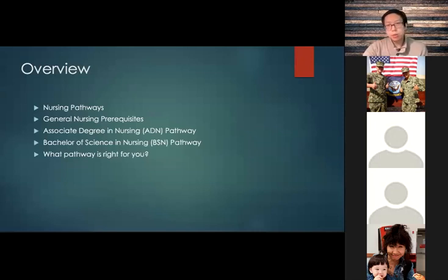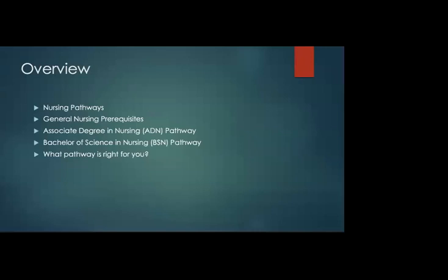So an overview of what we're going to talk about today. We're going to go over the various different pathways into nursing. Then we're going to go over some of the general prerequisites that you'll need to take and things to look out for when it comes to prerequisites.